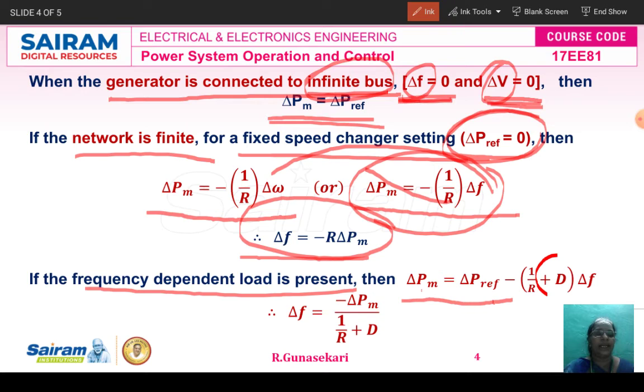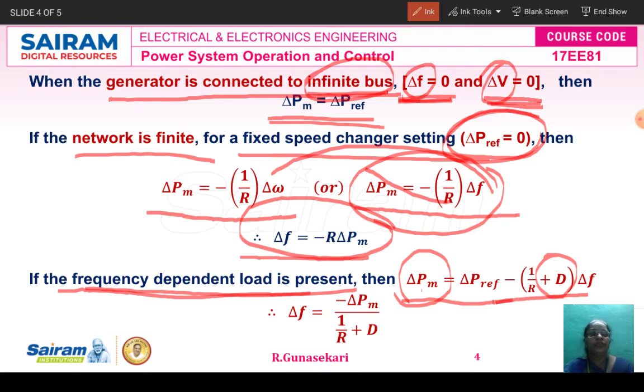Here I add D. D is the damping constant, that is the load constant. So if we consider the frequency dependent load component, then the turbine output equation del Pm, that is the mechanical power, is rewritten as del Pm equal to del P reference minus 1 by R plus D into del F.